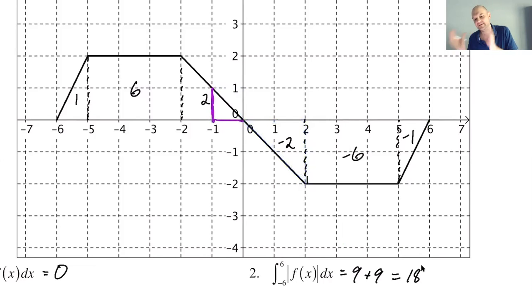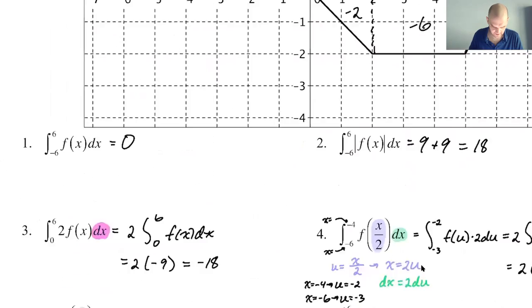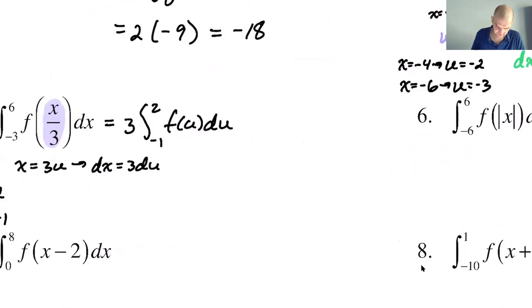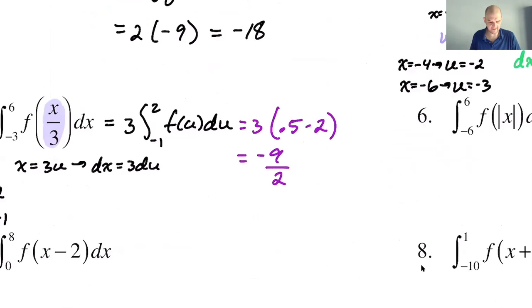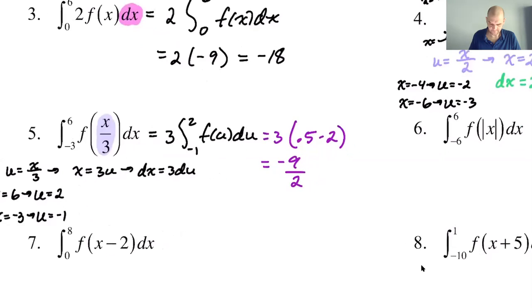Here we have 3 times 0.5 minus 2. And what does that give us? -1.5, -3 halves, so -9 halves, I'm going to say.